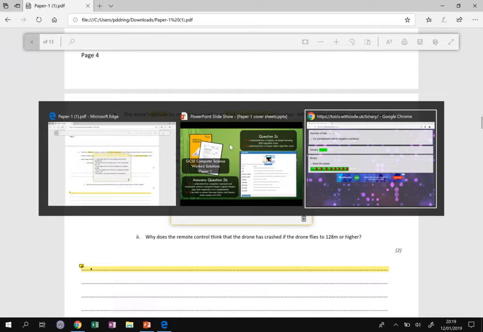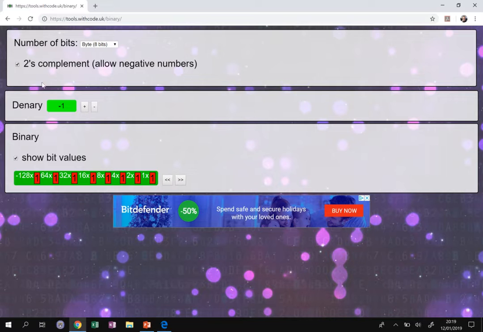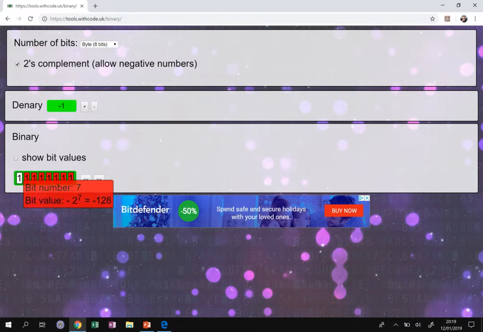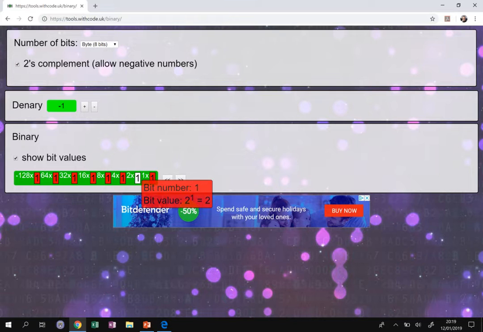Let's have a look at 8-bit 2's complement and see what we mean by that. You might remember with 2's complement, if all of the bits are set to 1, the value is -1, rather than, if this was a positive number, 255. So why is that? Well, 2's complement works in exactly the same way as positive binary, as in the least significant bit on the right is worth 1, and as you go to the left, each bit doubles, just like positive binary.